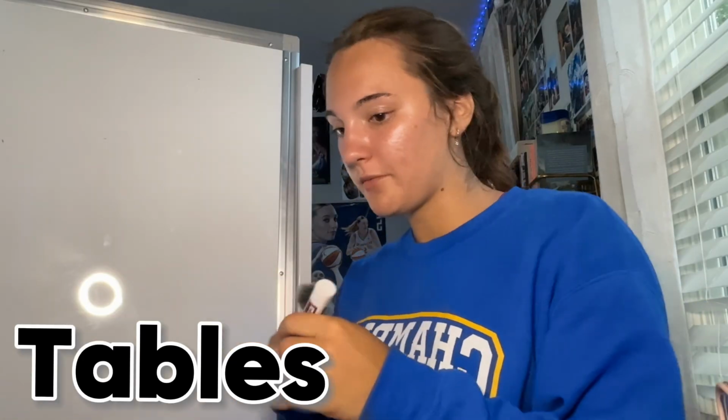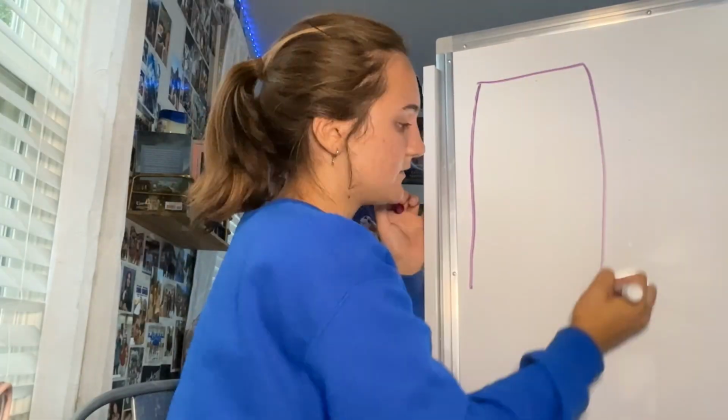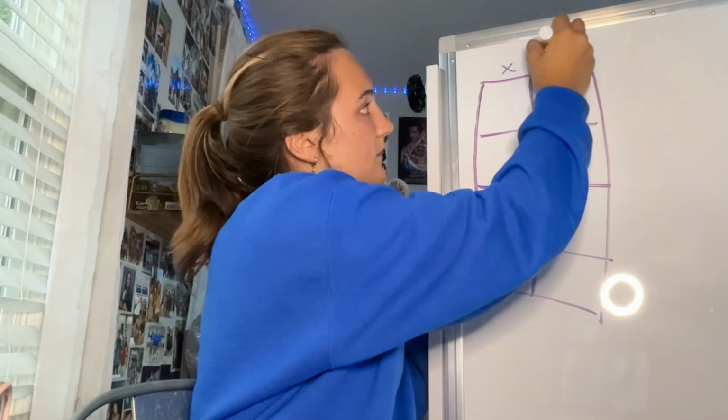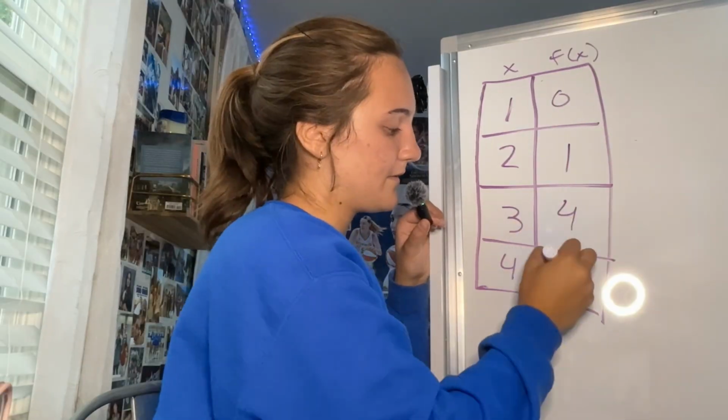One thing we've been working on is being able to determine whether or not functions are linear, quadratic, or neither, just based off of tables, not the functions, not the graphs, just tables. So if you have a table that looks something like this, this is x, this is f of x: 1, 0, 2, 3, 4, 4.